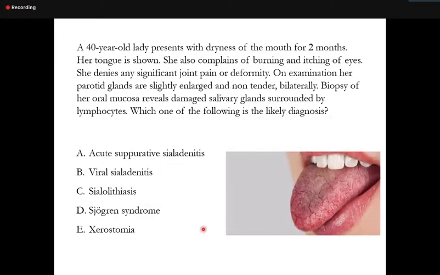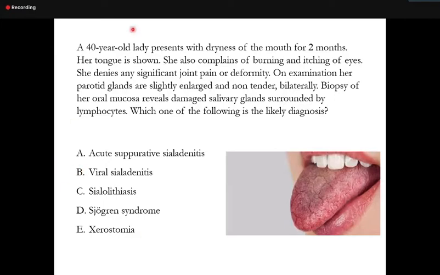Second question. Yes, again an easy question.